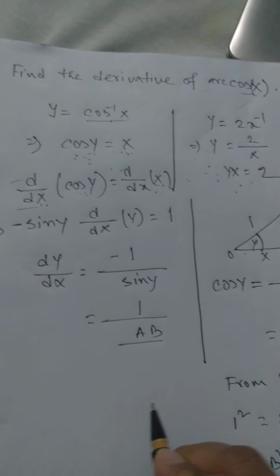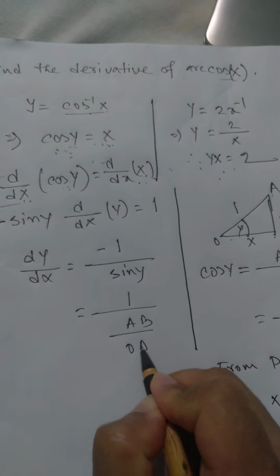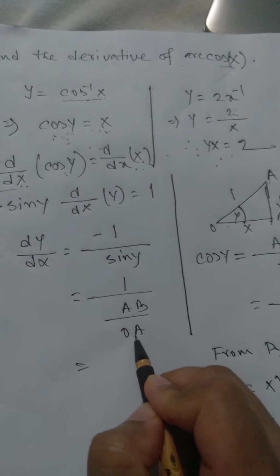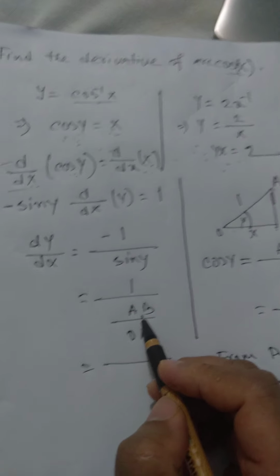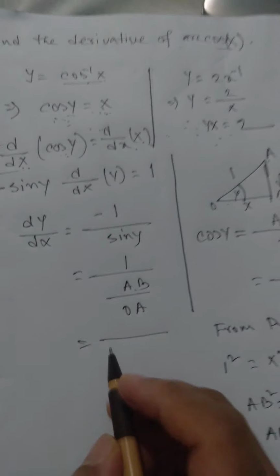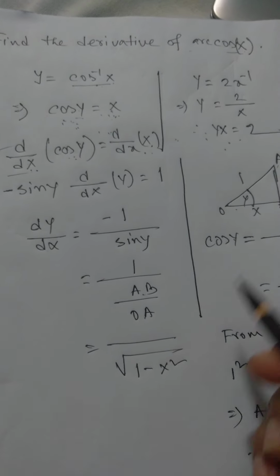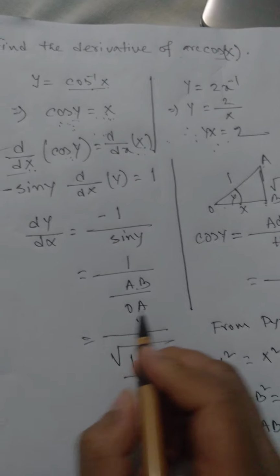From this, sin y we can write as AB by OA, perpendicular by hypotenuse. What is the value of the perpendicular AB here? Square root of 1 minus x square. And what is the hypotenuse? OA equals 1.